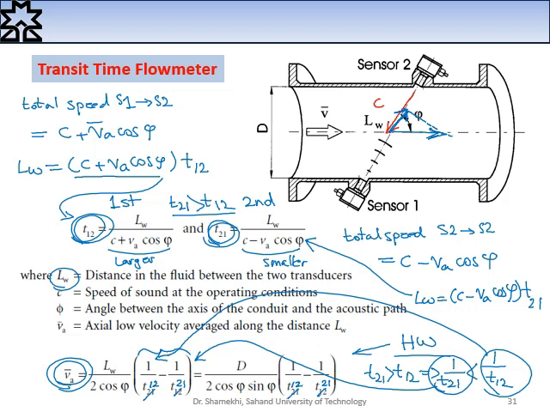We need a piece of conduit, two locations for sensors, two fixed sensors with a fixed known distance between them, and you can connect this sensor to any path of a fluid to measure the velocity of the fluid inside that sensor.